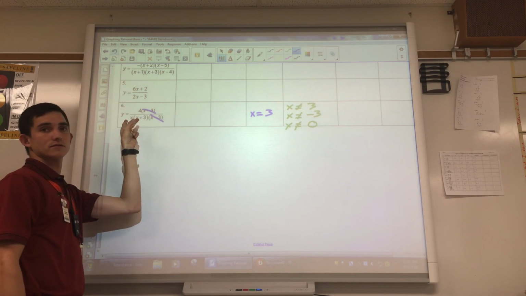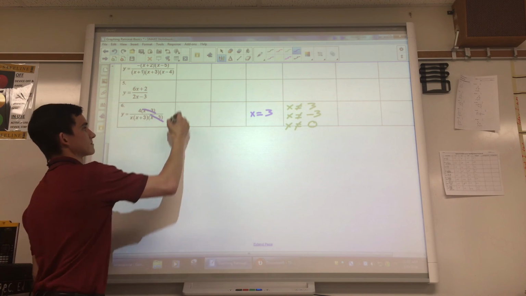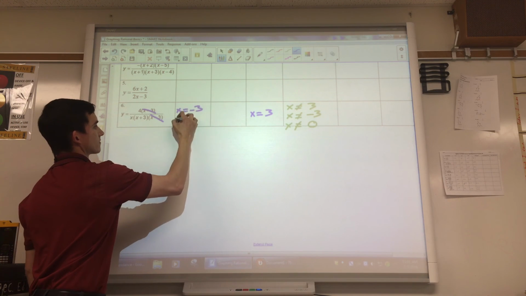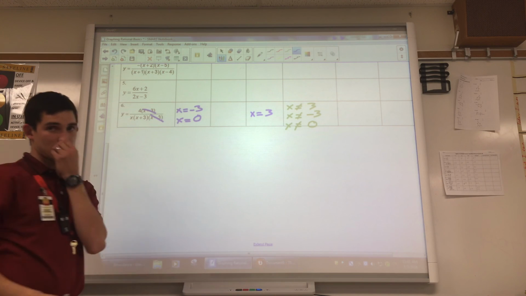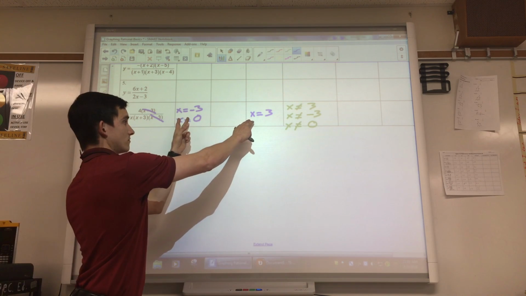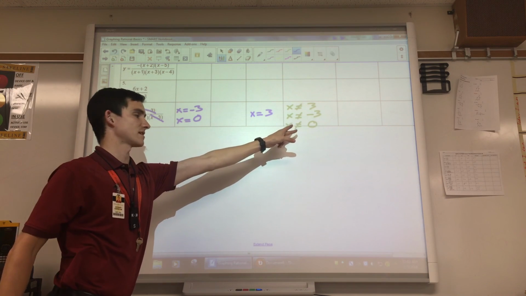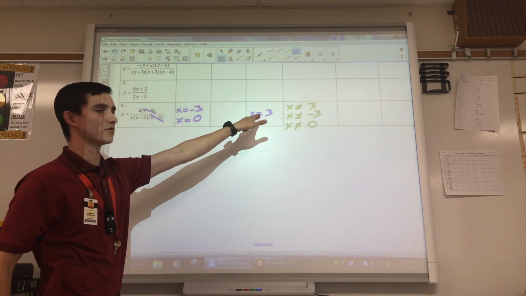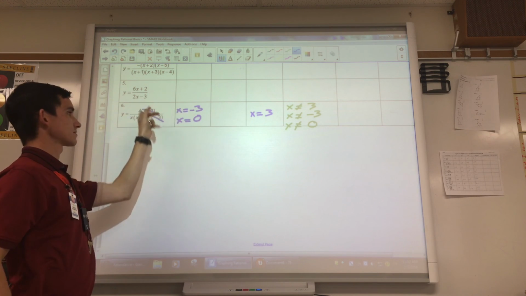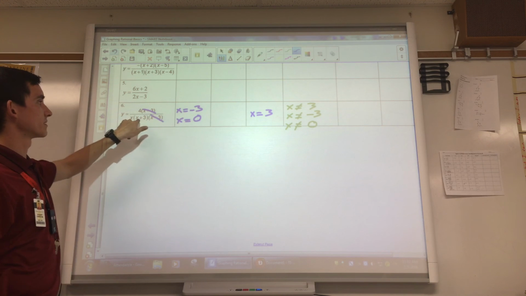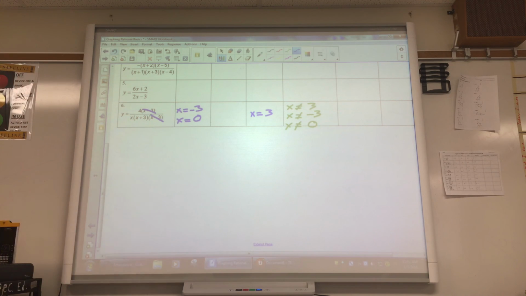Do the other 2 cancel? No, so those are vertical asymptotes. So notice I have 3 total. Each one of my domain restrictions expresses itself as either a removable discontinuity, because it cancels, or a vertical asymptote, because it doesn't cancel. You guys following? Yeah. All right, good.